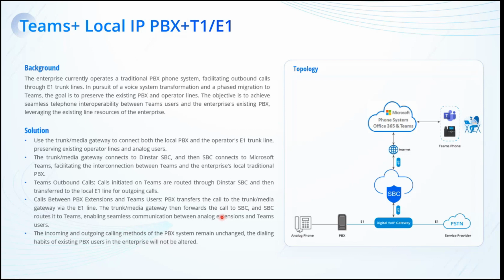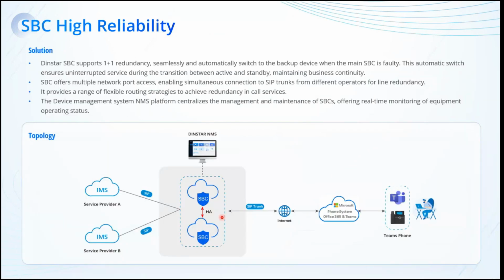And the third one is for large enterprise customers. Sometimes you have over 300 users or 500 extensions, and if you have only one SBC, for example, you have IMS, maybe one, two, three or five IMS service providers, or even a SIP trunk.